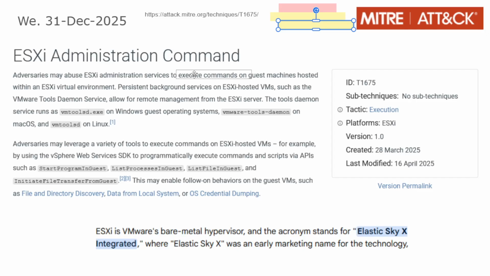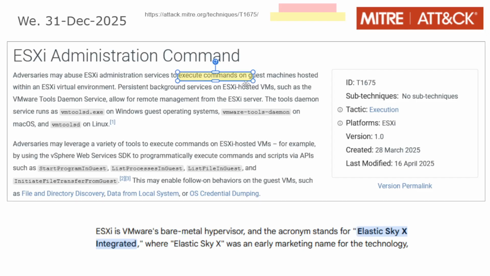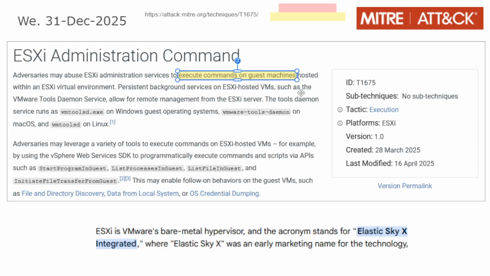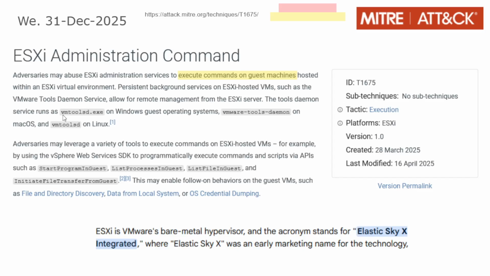So ESXi is hosting virtual machines. And these virtual machines have a listening application. And these listening applications are VMTools.exe, VMTools.sd on Linux, and vmware-daemon on macOS. And they listen for commands from their host.